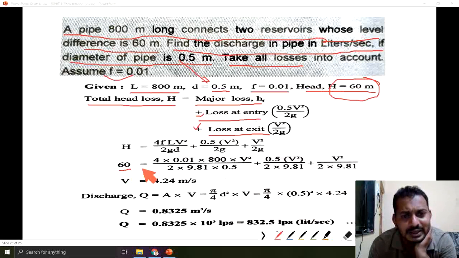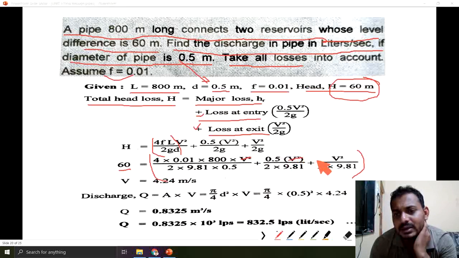If we write it down, then we need to do this individual calculation. We need to take out v square as common from these terms. If we take v square common, then here it will disappear, here it will disappear, and you will get v square outside.